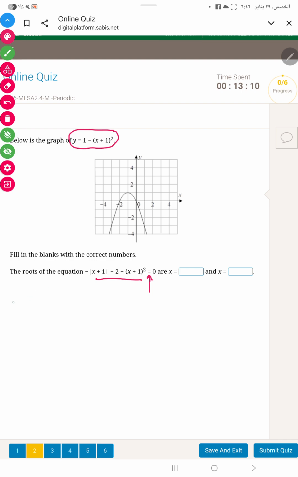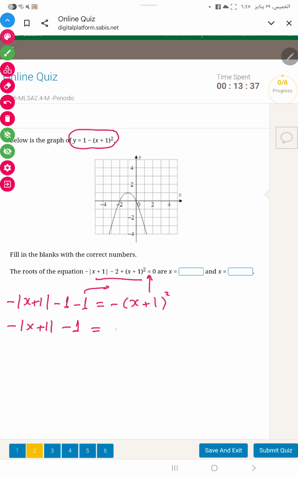We can write this as minus absolute value of x plus 1 minus 1 minus 1 instead of -2. Then take the bracket to the other side, and this will start matching the given equation. Then take -1 to the right side in order to match exactly the given equation.